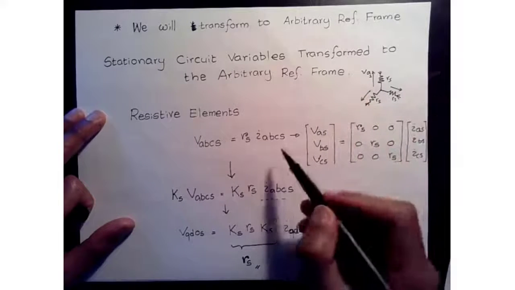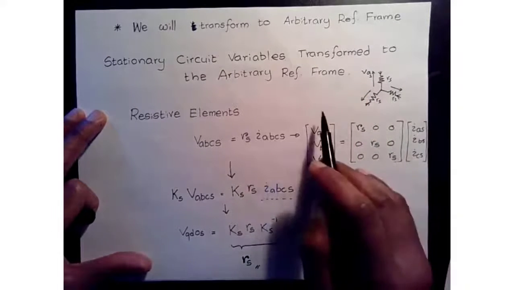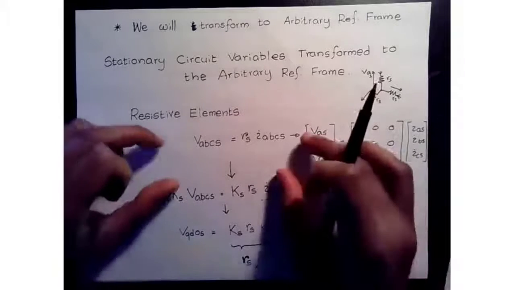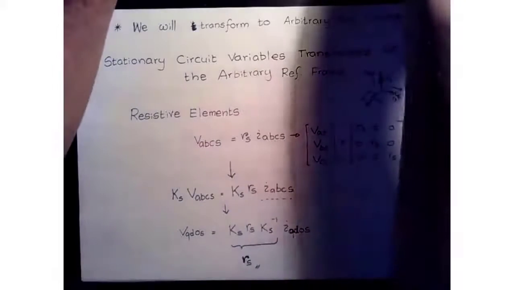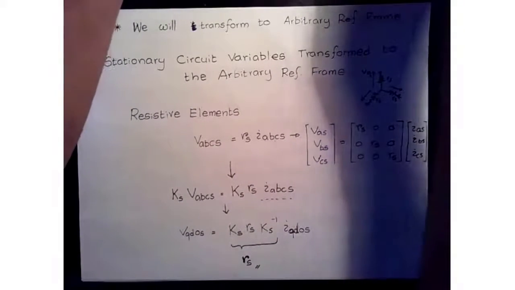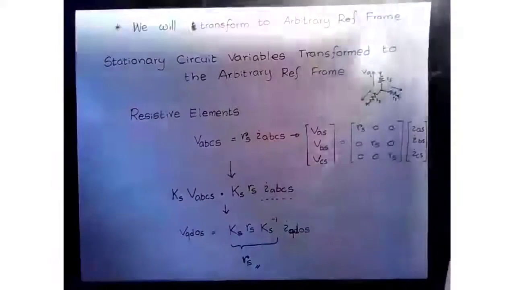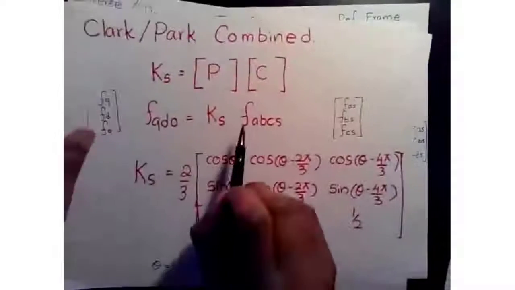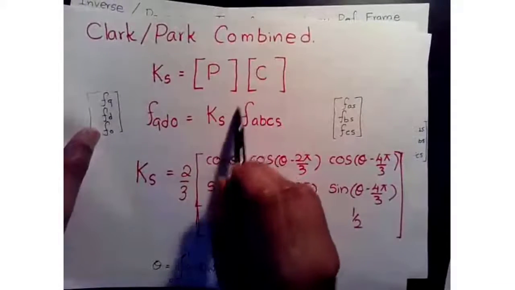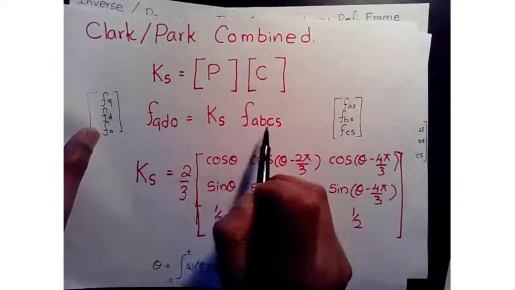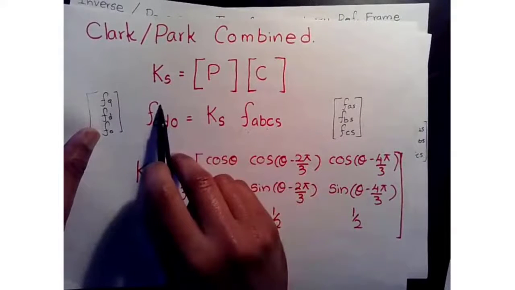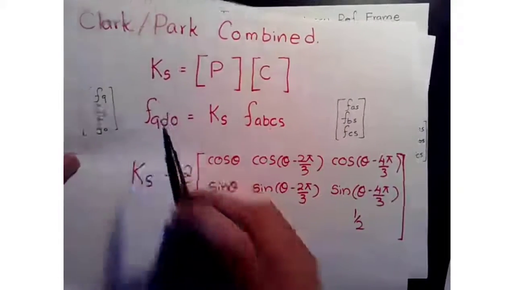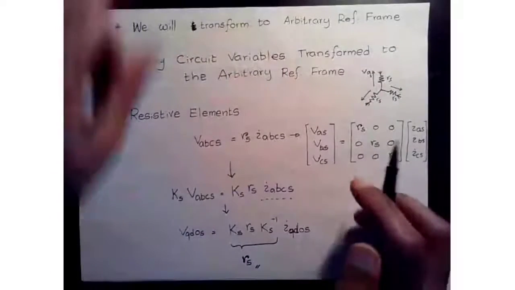Okay. Now, in order to transform these to our rotor reference frame, pay attention. If you look at our relationship, let me go back to the previous page. So FABCS, F being any variable voltage or current, times KS gets me to the arbitrary reference frame, okay, or QD frame, if you want to call it.